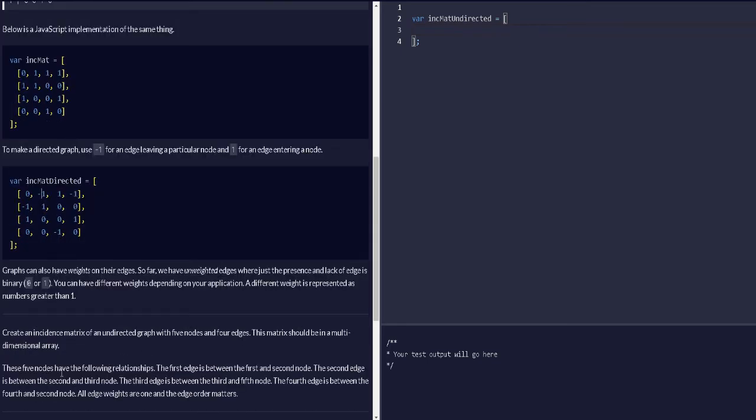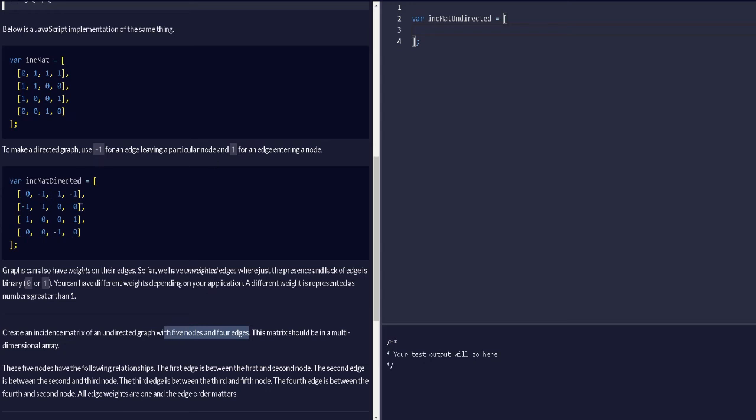So 5 nodes have the following relationships. Okay, so we will have 5 nodes. Let's implement that. So we will have 5 nodes and 4 edges. I think that's what the challenge asks us to do: an undirected graph with 5 nodes and 4 edges right here.